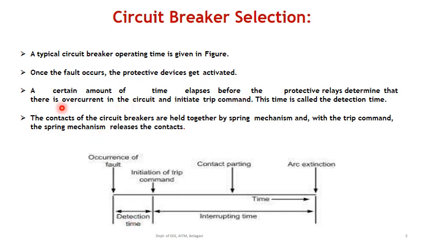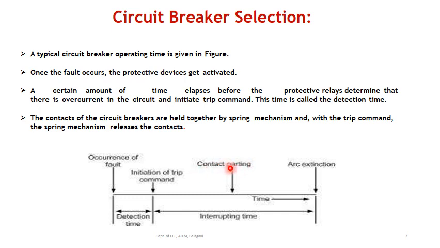Whenever there is an overcurrent in the circuit, it initiates the trip command. After knowing the magnitude of this fault current, during this detection time, it will initiate the trip command at this particular period of time. Once the trip command is initiated, it will be provided to the contacts, right?